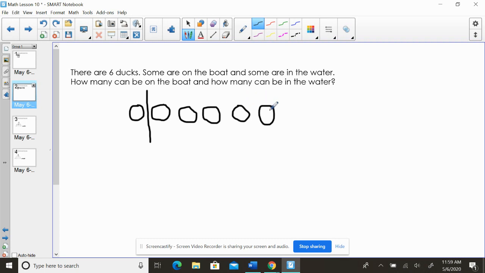So before we had the numbers 4 and 2. This time our numbers are going to be different because we drew the line in a different place. So there is 1 duck on this side of the line and 1, 2, 3, 4, 5 ducks on this side of the line.